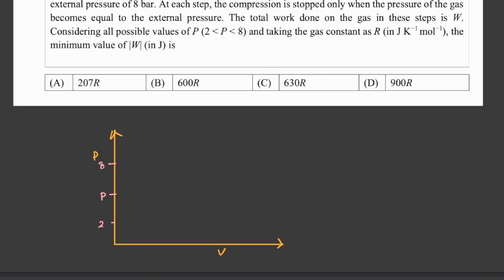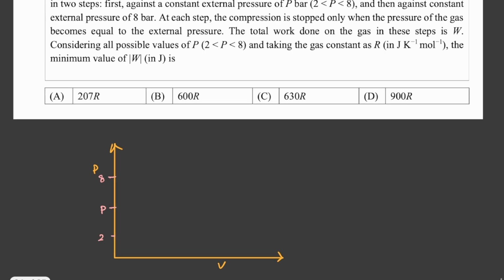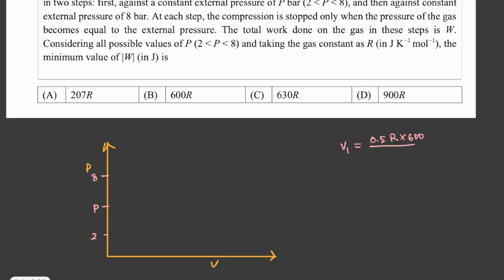So if you consider this as an ideal gas, and you know the pressure is 2 bar, what is the volume? I am considering that as volume V1. V1 will be the moles of the gas 0.5, times R, times temperature 600 Kelvin, divided by pressure 2.